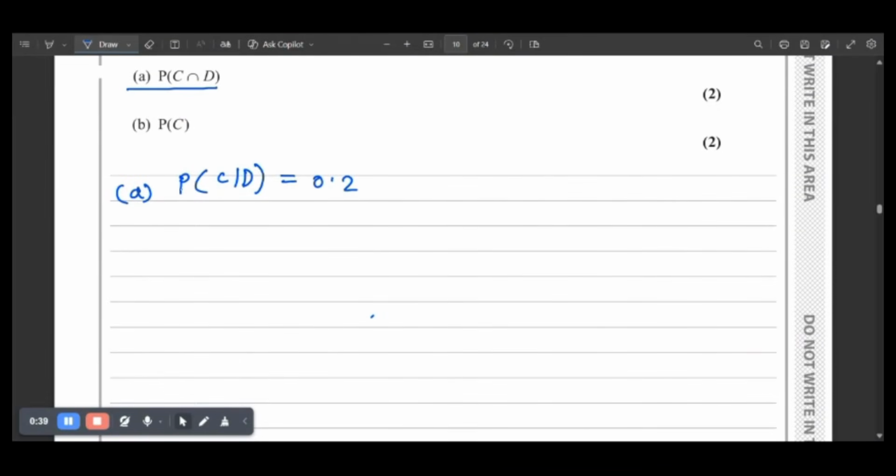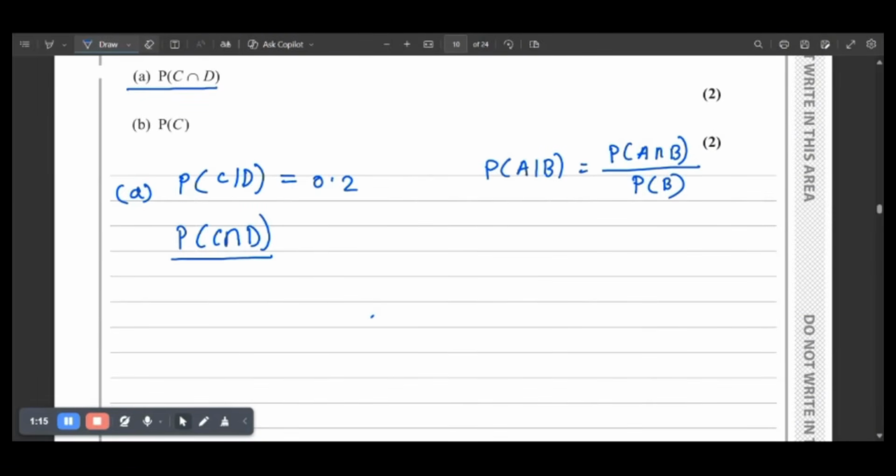Now probability of C given D can be written as probability of C intersection D over probability of D. This is the way of calculating conditional probabilities: we need the probability of the intersection of the two sets divided by the probability of the given set.